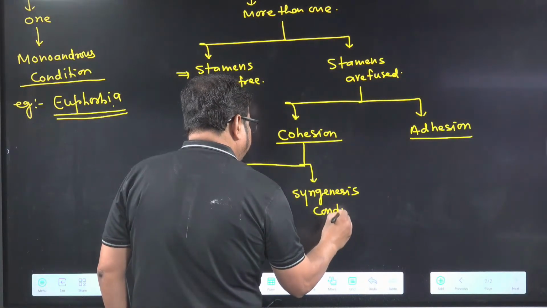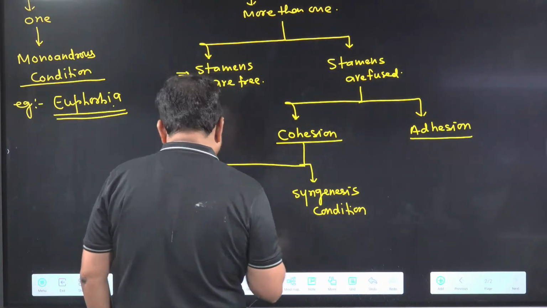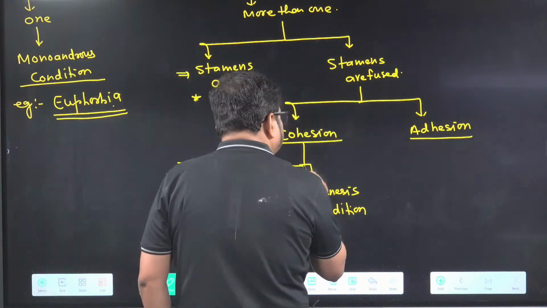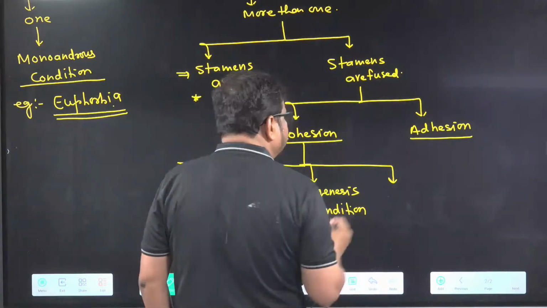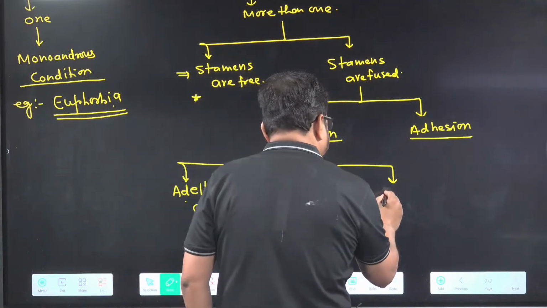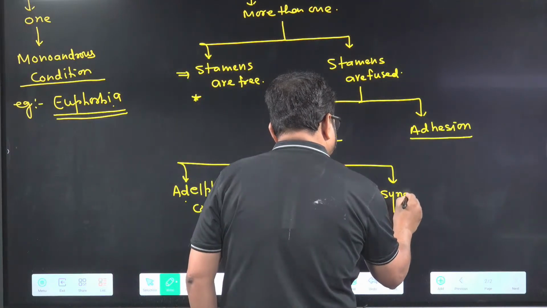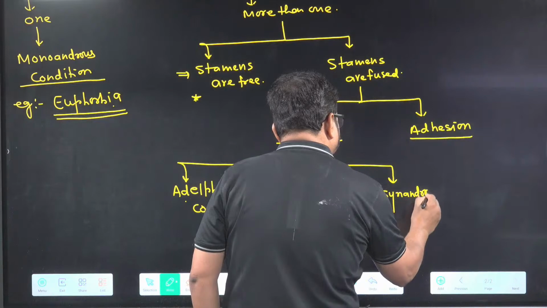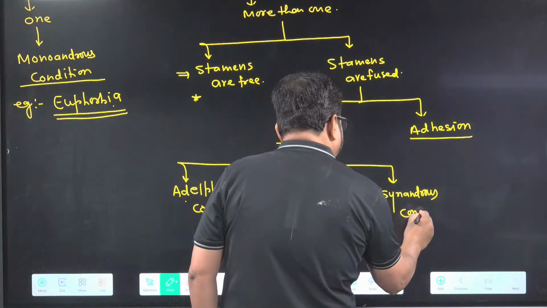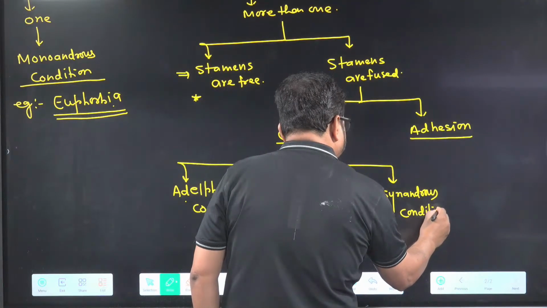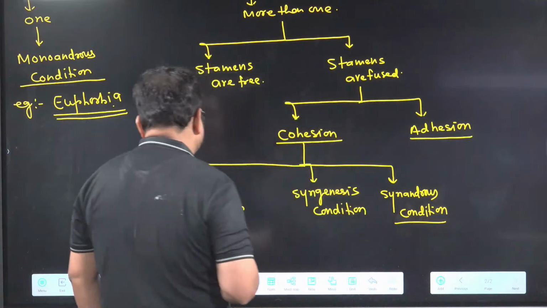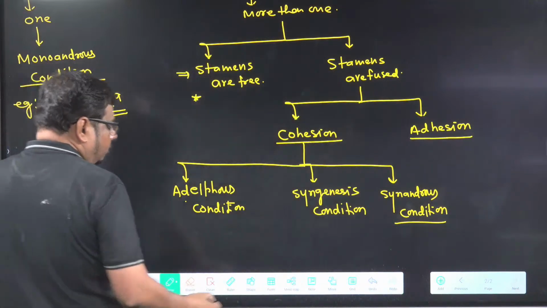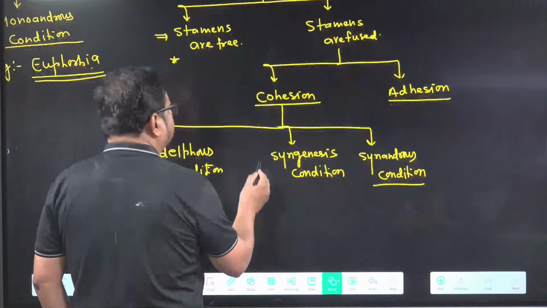NCERT only wrote which one? Adelphous condition. The third condition of cohesion of the stamen is synandrous condition. I will write a basic idea, but we will specify on which one? Adelphous condition.